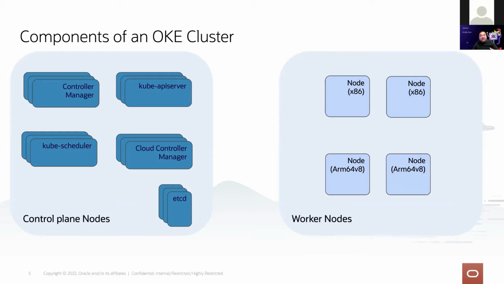Now, tie that down with OKE's notion of multiple types of nodes within the same cluster. You can have a single Kubernetes cluster where some of the nodes are bare metal, some are ARM-based, some are x86-based, and some might have GPUs, and so on, right?